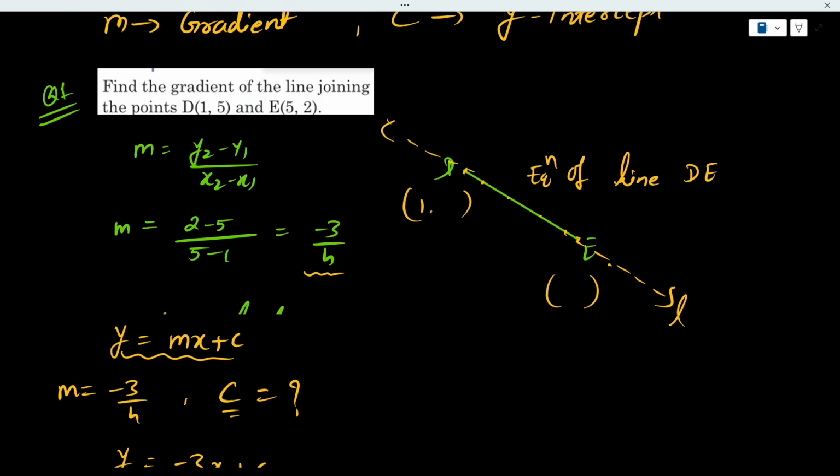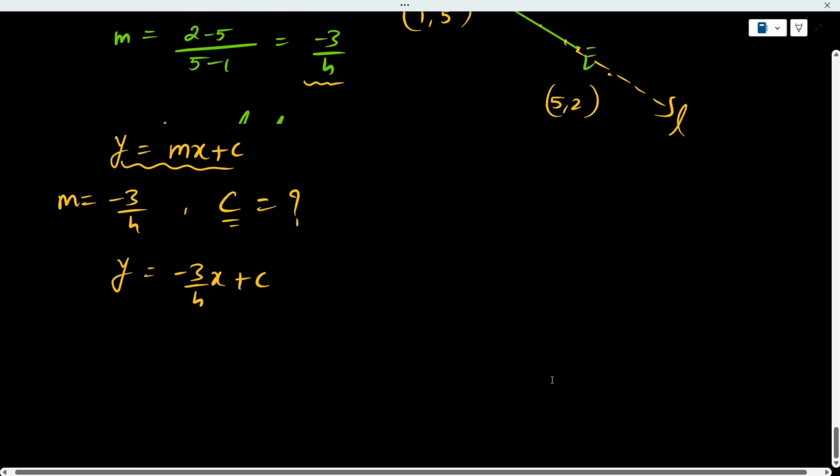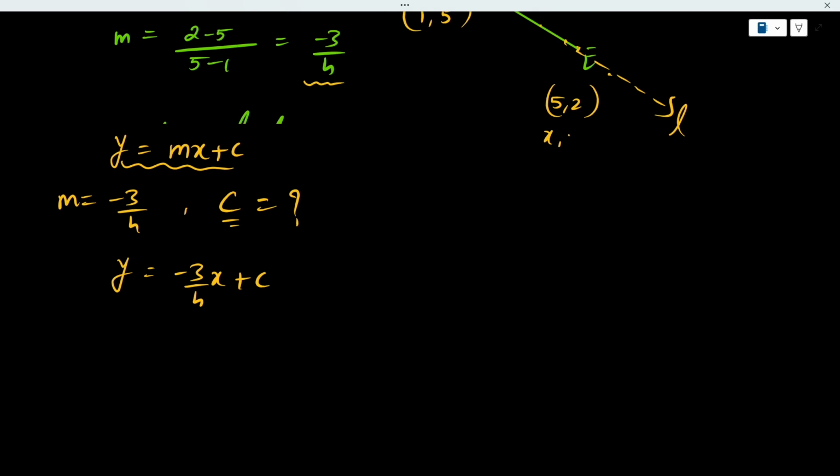What are the coordinates of D? It is 1 comma 5, and E is 5 comma 2. Any one coordinates will do, because you know that this is an ordered pair x comma y. So let us substitute point E coordinates, so y is 2 and x coordinate is 5. So 2 equals minus 3 by 4 times 5 plus c.